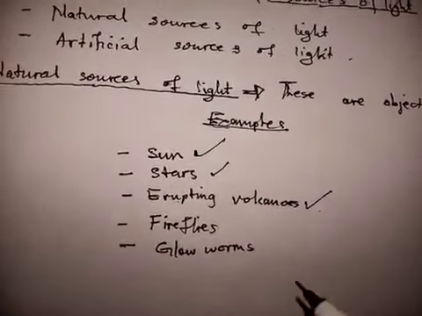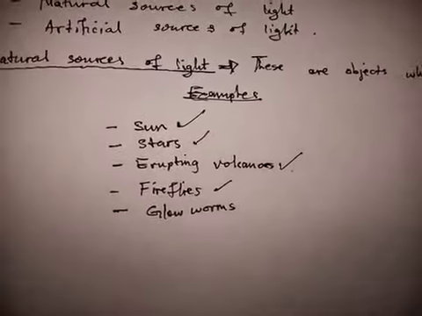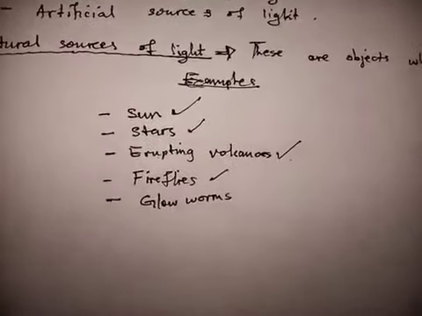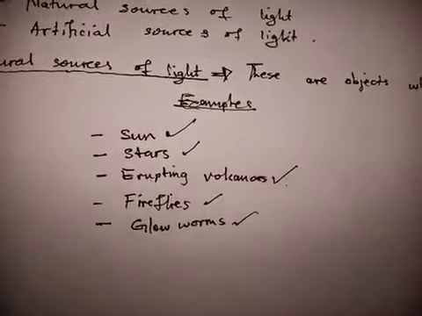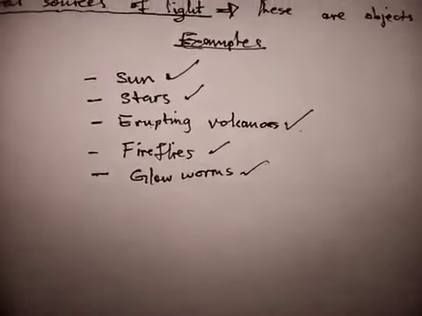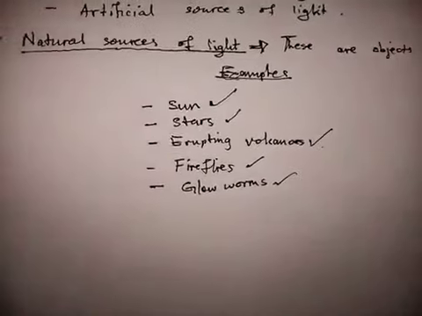The light is produced. Then we have fireflies. These are living organisms. They are normally seen at night because of the way they produce light. Also, glowworms are living organisms. So fireflies and glowworms are living organisms which are sources of light. Those are examples of natural sources of light.